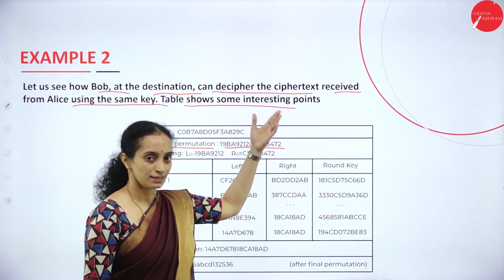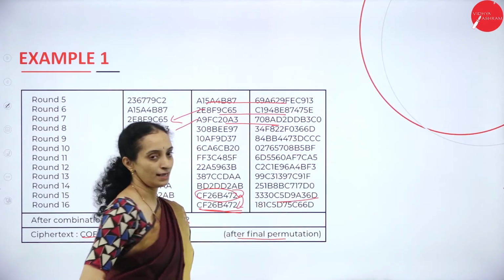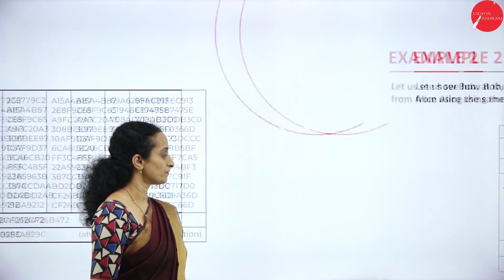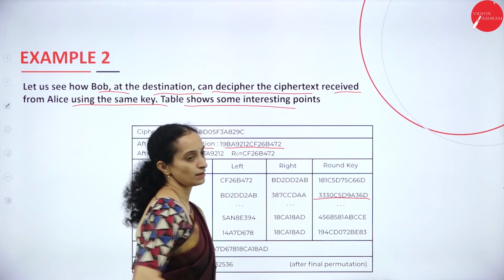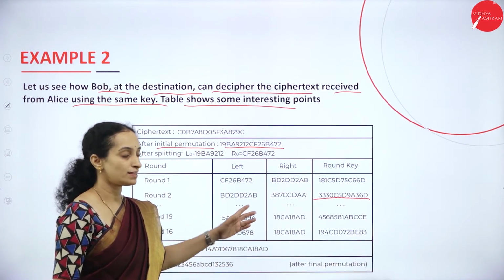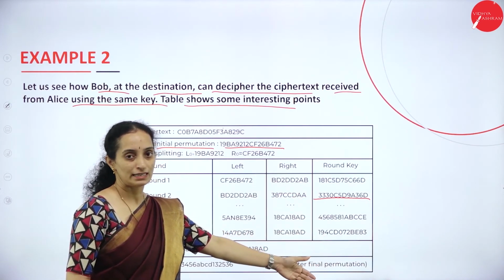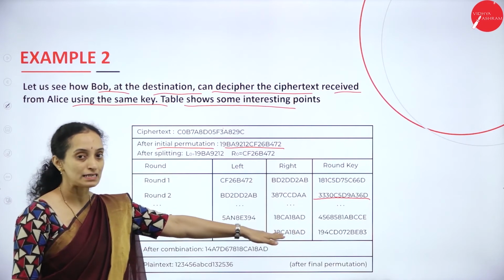So the next key, that is this key, is used in the next round. Again all the 16 rounds will be followed with the reverse order of keys. Okay, this time we don't use the key generator because the key is already there.